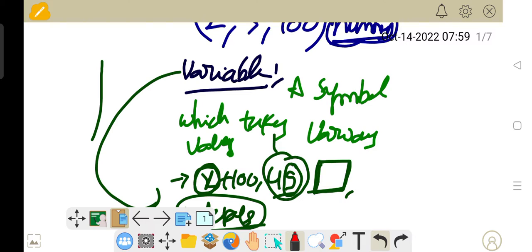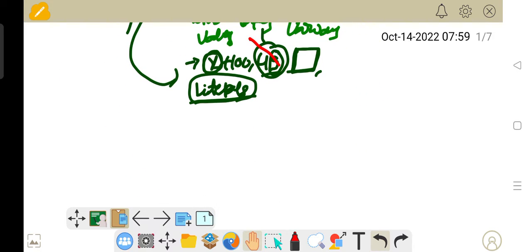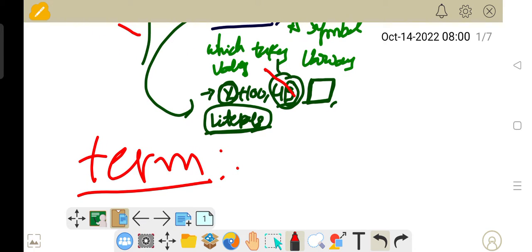Okay, and the next one is what is a term in this chapter. What is a term? A term means the combination of constant and variable.